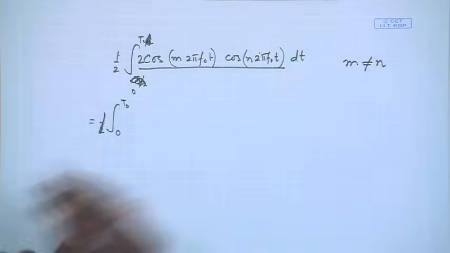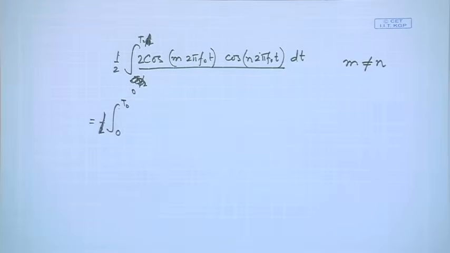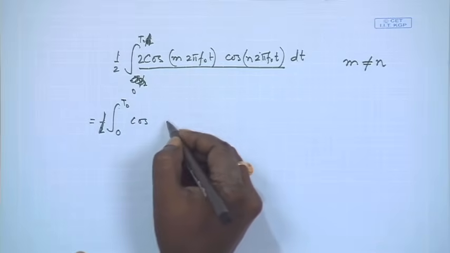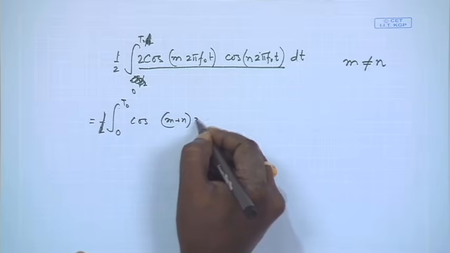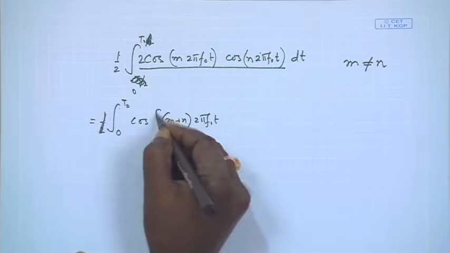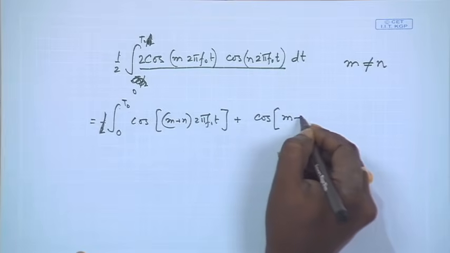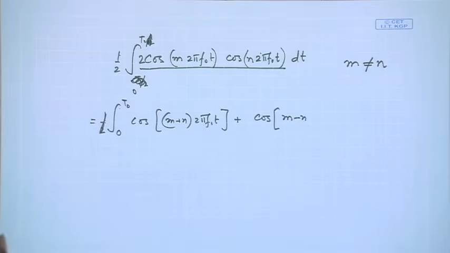Now, just put a trigonometric form, 2 cosine into cosine. So, that should be cos(a plus b) plus cos(a minus b). So, it should be cos (m plus n) 2 pi f0 t plus cos (m minus n) 2 pi f0 t. Of course, cos of a negative will again become positive.